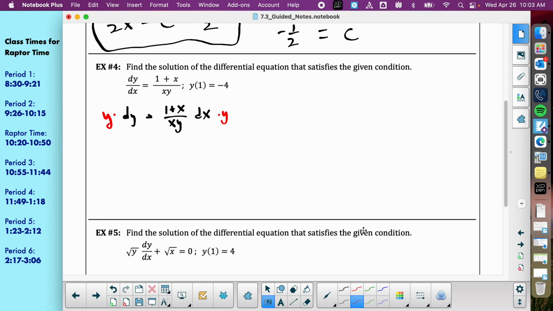This one appears difficult, but actually has very little work to do to separate them. It's because the y isn't really tied together with anything else.